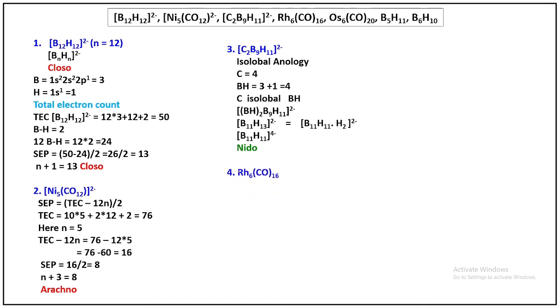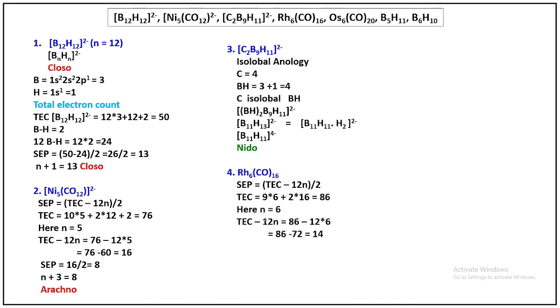The next one is Rh6CO16. Here the skeletal electron pair will be total electron count minus 12n divided by 2. The total electron count: there are 9 valence electrons on each rhodium into 6 rhodium, plus 2 electrons provided by each carbonyl, so 2 into 16, giving a total of 86.